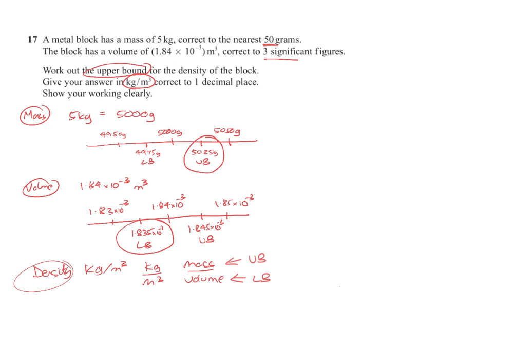My upper bound of the mass I need to turn back into kilograms because that's the units I need. So 5025 grams is 5.025 kilograms.